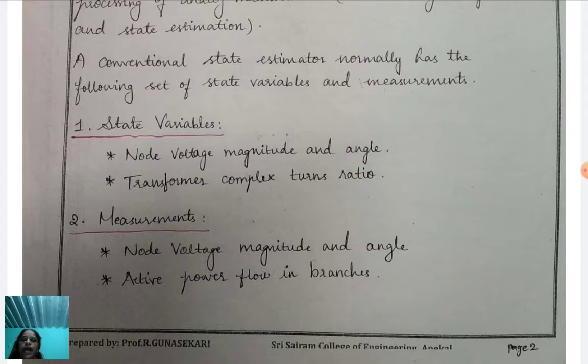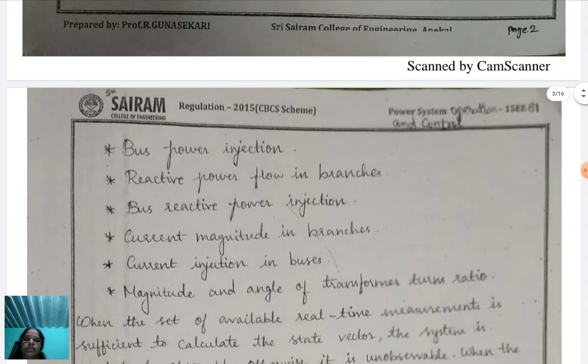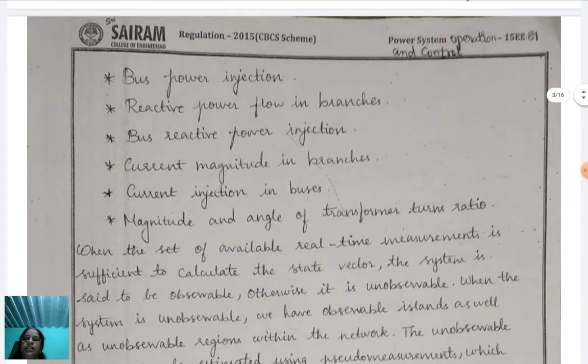Second, active power flow in branches. The third one is the bus power injection. Fourth, reactive power flow in branches, bus reactive power injection, current magnitude in branches, current injection in buses, and magnitude and angle of transformer turns ratio.